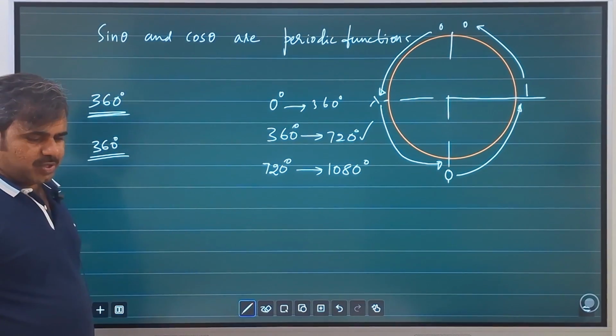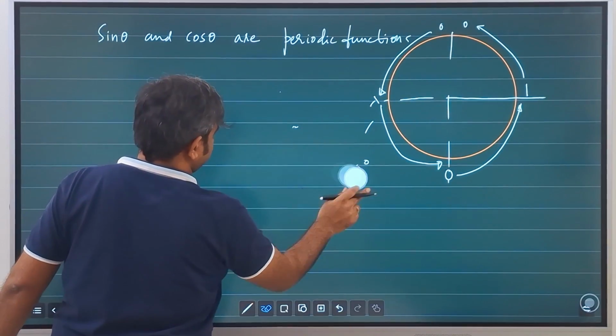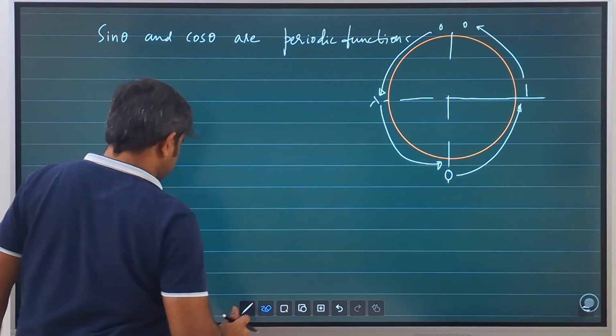If you look at the graphs also, let's draw the graph. Sine theta graph and cos theta graph.